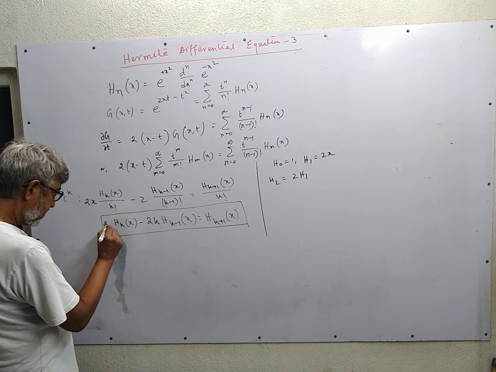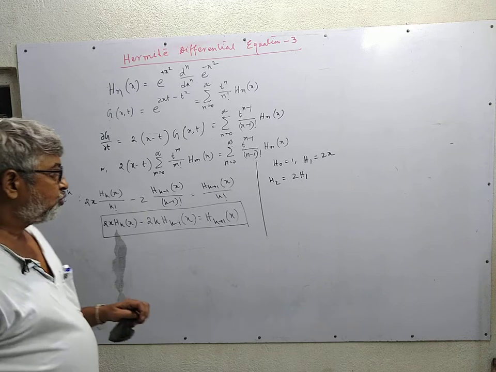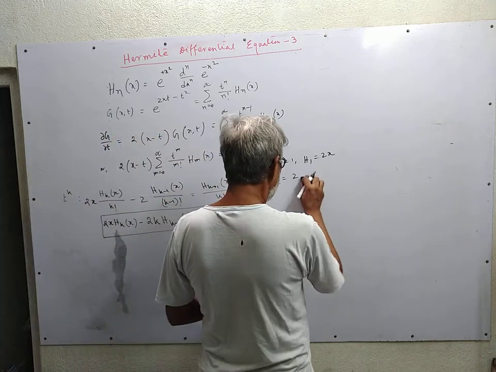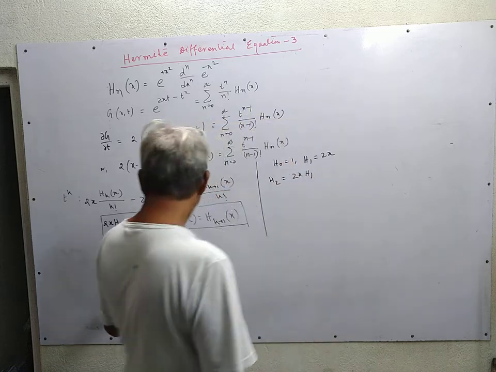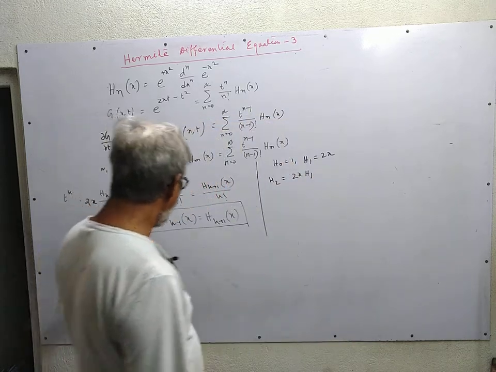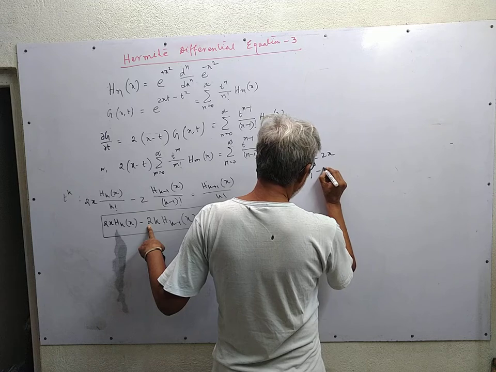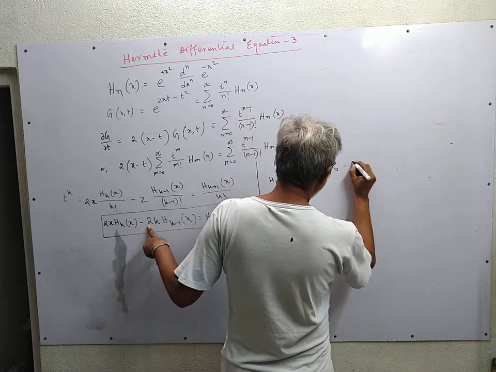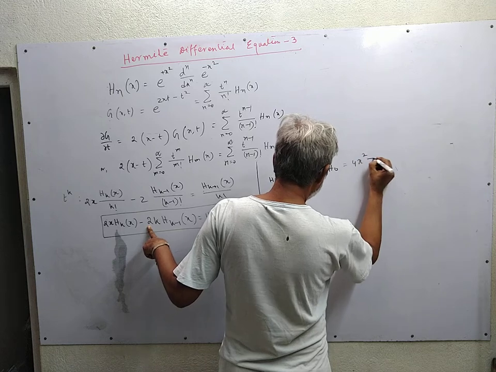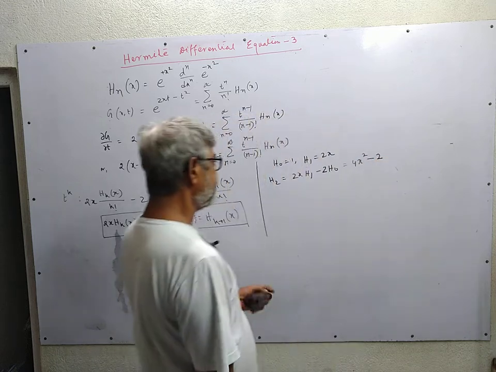So this is 2x H1, and then k is equal to 1, minus 2 H0. So this is 4x squared minus 2.